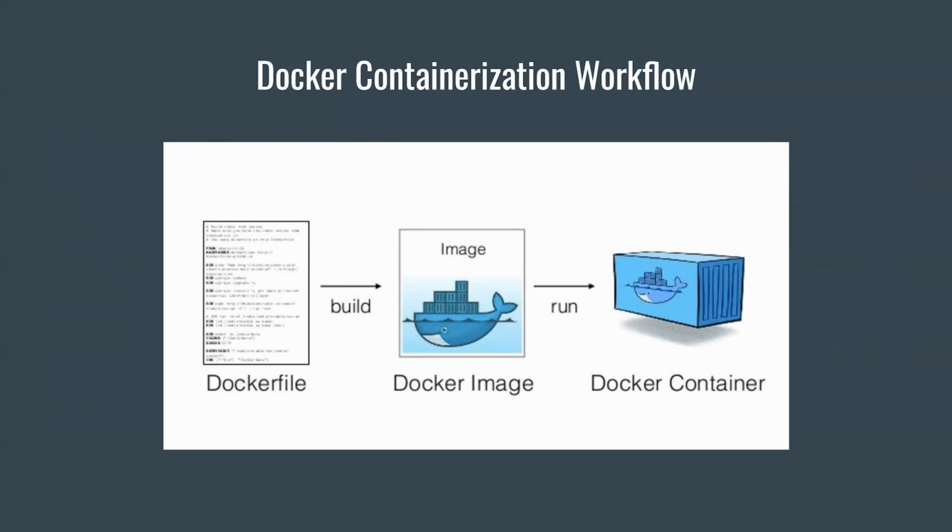What is a Docker image? A Docker image is nothing but a set of instructions so that you can run a Docker container. So you need a Dockerfile to make a Docker image, and to run that container, we require a Docker image, which has the complete set of instructions. Okay, so let's go to the next part.